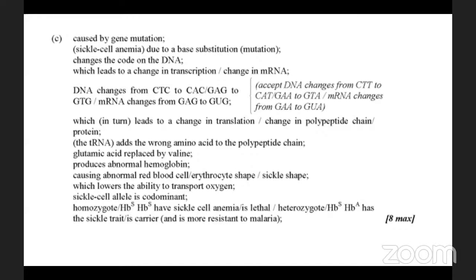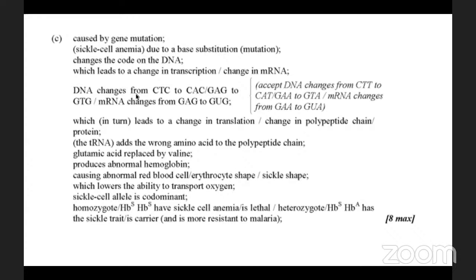Just remember that glutamine is replaced with valine. I'm not sure if you have to remember the exact code or not. If you want to be safe, just remember the exact code. But if I'm not mistaken, the teacher said usually the code will be given. But if you want to be safe, just remember it. But glutamine will be changed to valine.